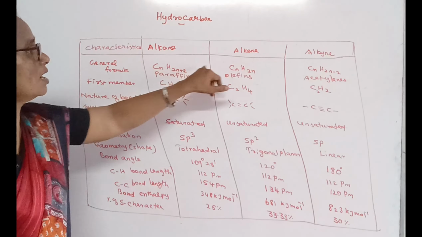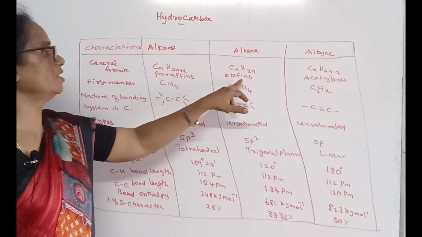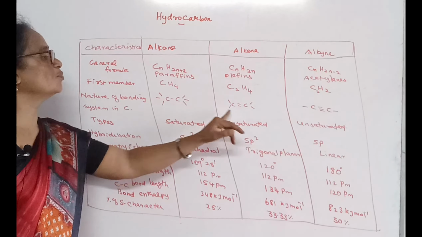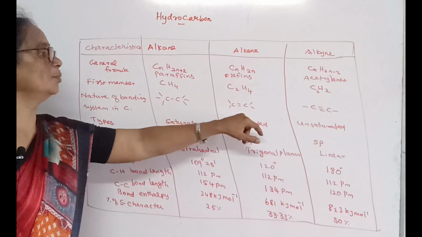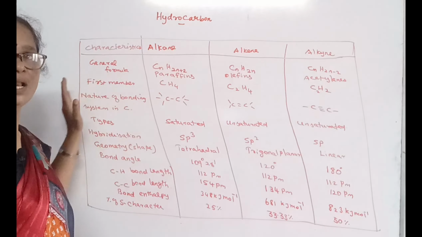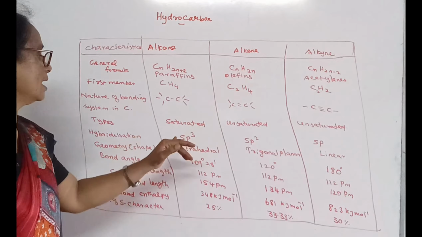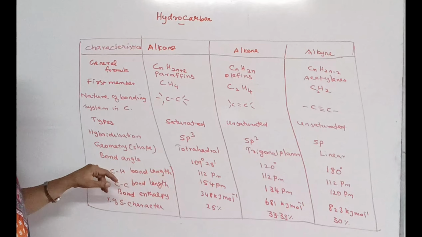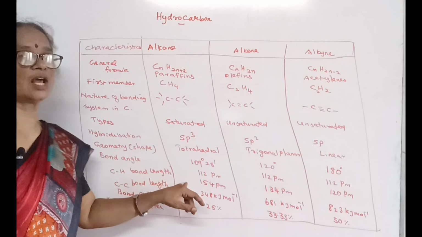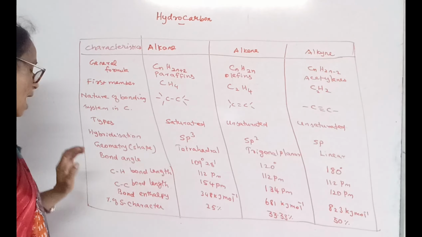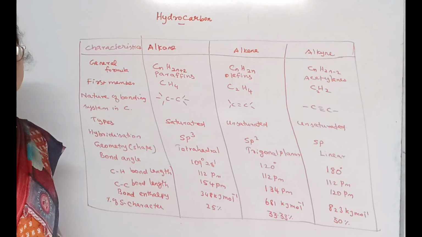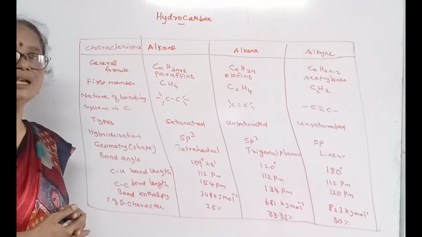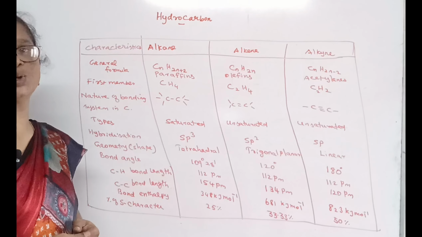The general formula, their common names paraffin, olefin, acetylene, and the first members are given, along with what kind of bonding they have, single bond, double bond and triple bond, whether they are saturated or unsaturated, their hybridization along with their shape and bond angle, their carbon-hydrogen bond length and carbon-carbon bond length with bond enthalpy, and their percentage of s character. So this is the summary about alkanes, alkenes and alkynes, the three forms of hydrocarbon.